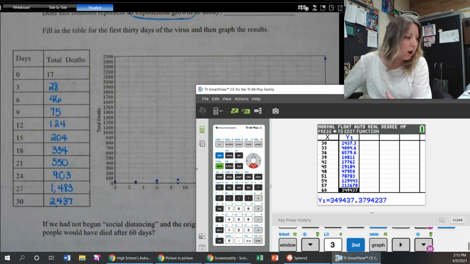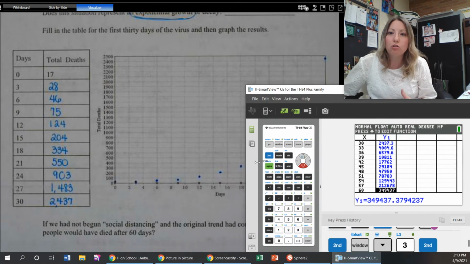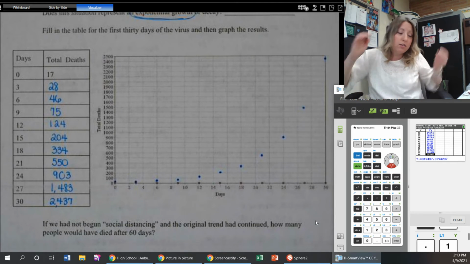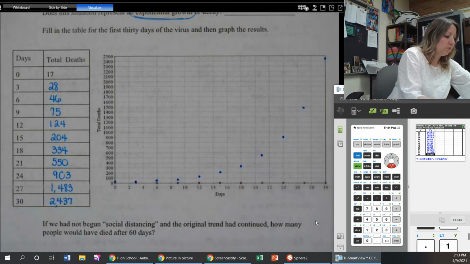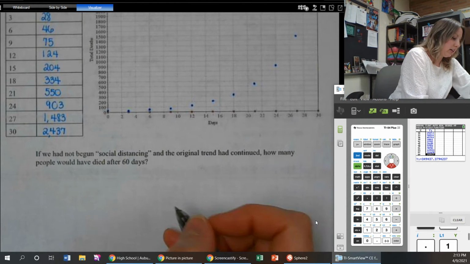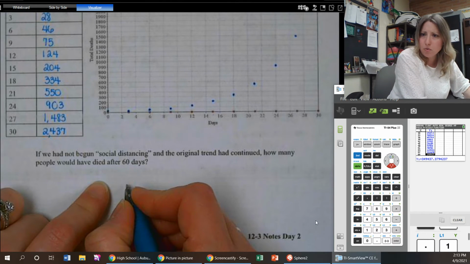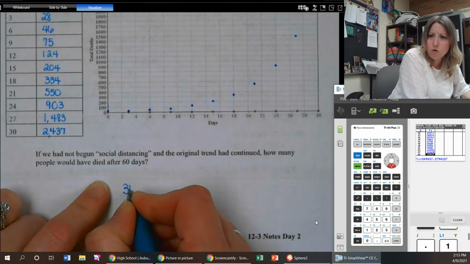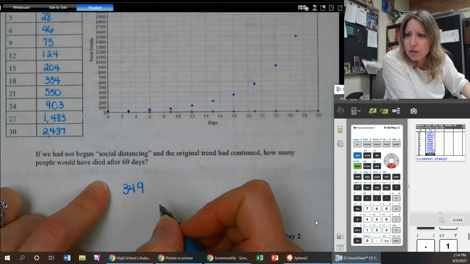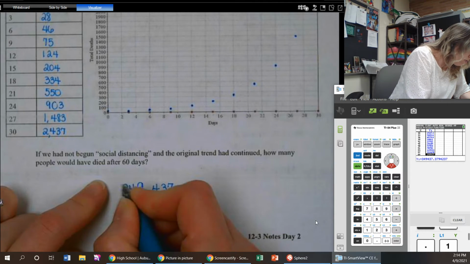And this is why it's important to understand what exponential growth and decay truly look like. Okay? Especially with viruses, plagues, and whatnot, pandemics, as it were. What did we say that number was? 349,437 people.